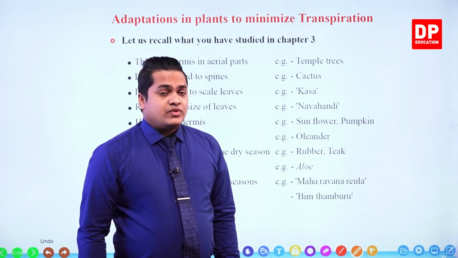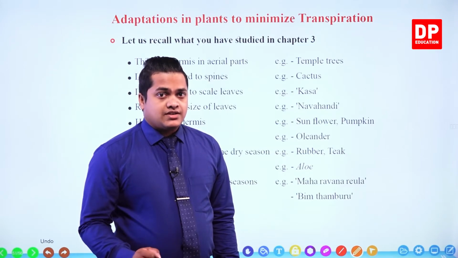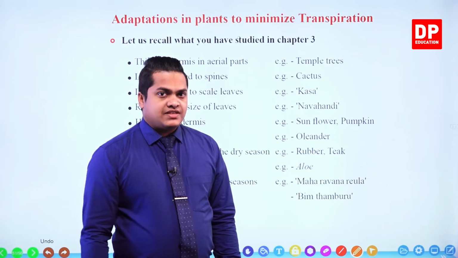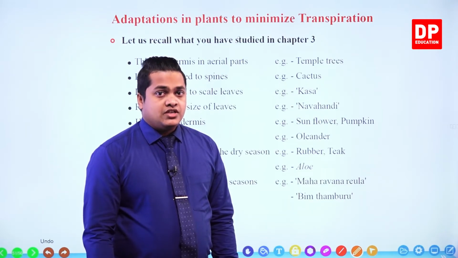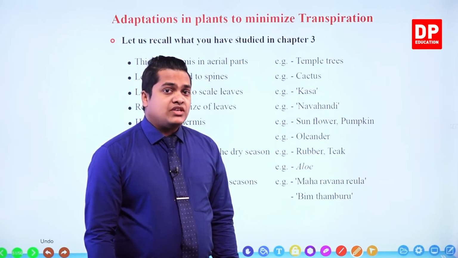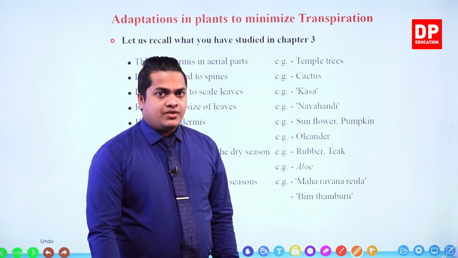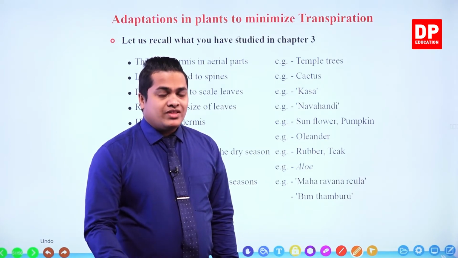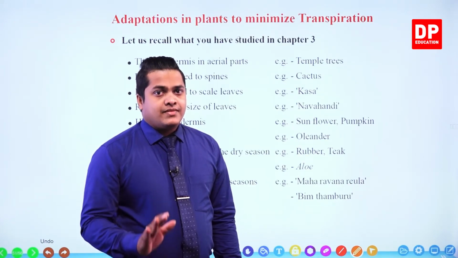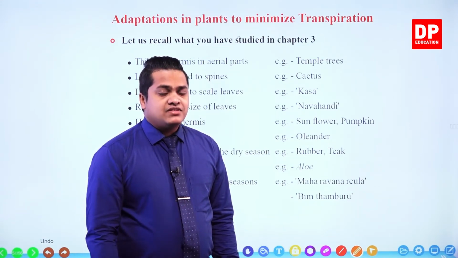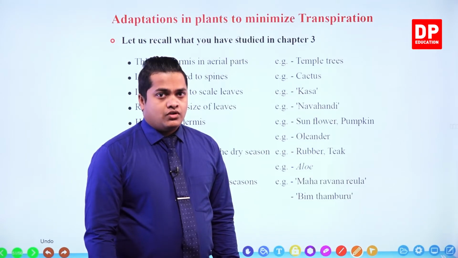As we are living in tropical areas, and Sri Lanka is a tropical country, we receive plenty of sunlight throughout the year. Especially in February, that amount is very high. So in this season, the driest season can be observed. During this dry season, there are some plants whose leaves fall off.